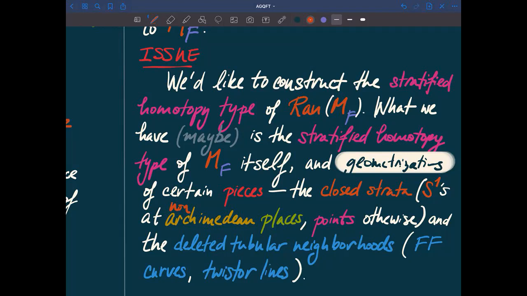So in a sense, I guess what I'd like to propose, and I guess I'm proposing this without having really fully thought about it, is that one can construct what sort of looks like a boundary Ron space for the thing that we're really trying to construct. This thing will have the information of the Ron spaces of, well, just some S1s that are lying around, and Ron spaces for the Fargues-Fontaine curves and twistor lines.